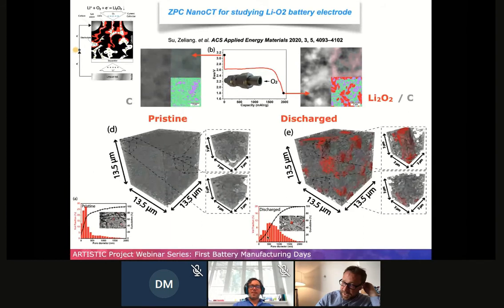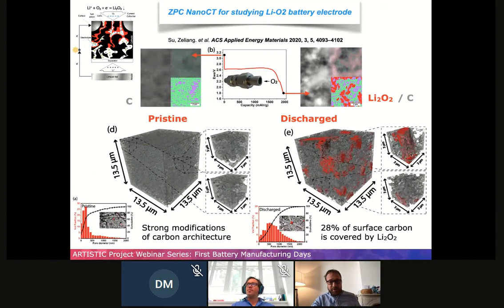What we see here is a strong deformation of the carbon configuration after the formation of this Li2O2. The other interesting thing we notice is that we only use a third of the surface carbon.